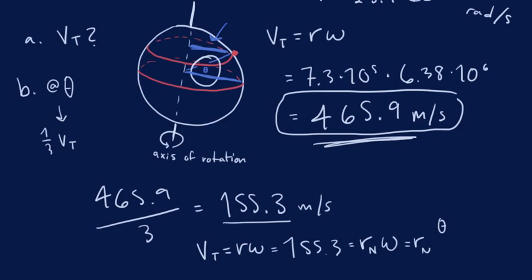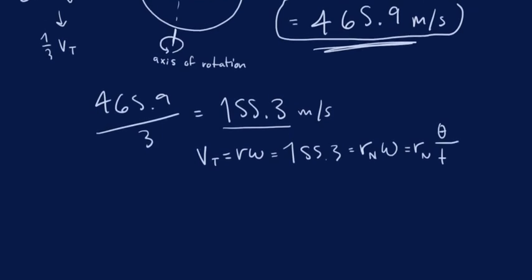This theta is not the theta that we're looking for, the angle measure. This theta is the angular displacement. Just know that. I'm going to scroll down a bit. So 155.3 equals this new radius, which we don't know yet, times the angular displacement.